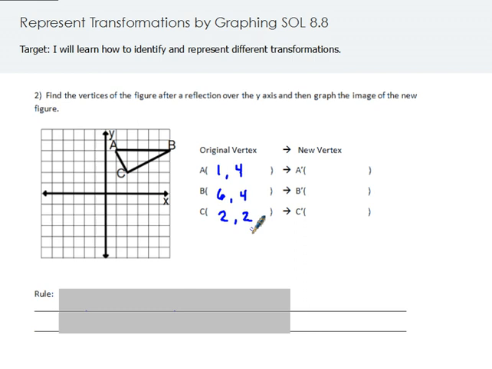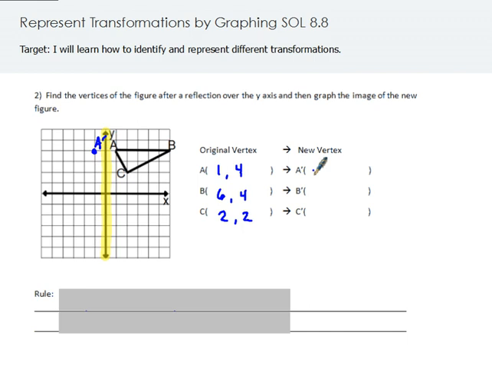And if we're going to reflect it over the y-axis, we are looking at what's originally in the 1st quadrant. We are going to flip it over the y-axis, which means you should end up in the 2nd quadrant. So reflection for A should be 1 to the left and 4 up.